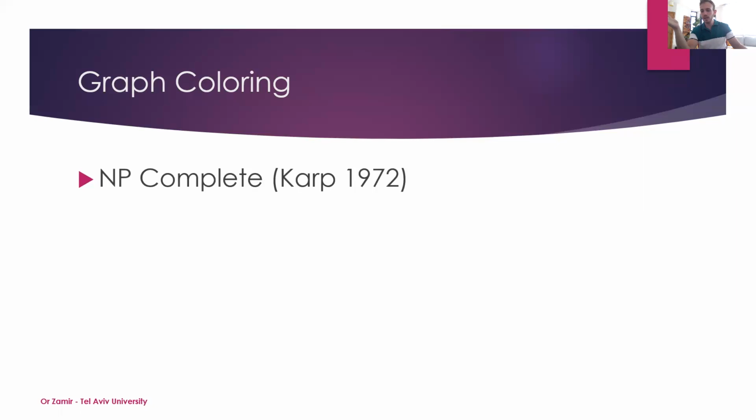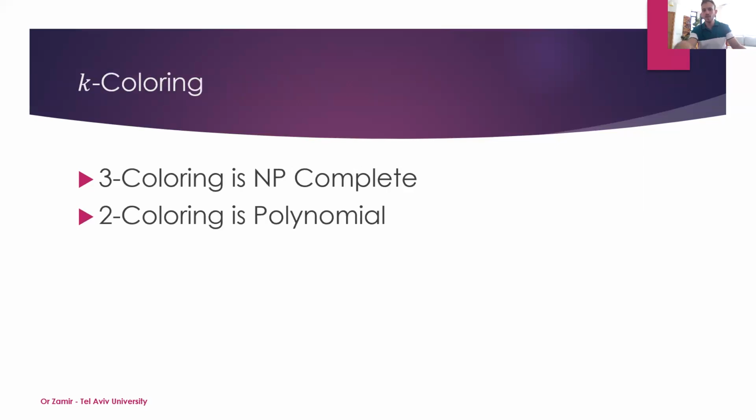And the general graph coloring problem is again NP complete, and again this is part of the first paper about reductions within NP. And again, in a fashion very similar to what we saw with SAT and K-SAT, for every k which is larger than 2, the k coloring problem is NP complete.